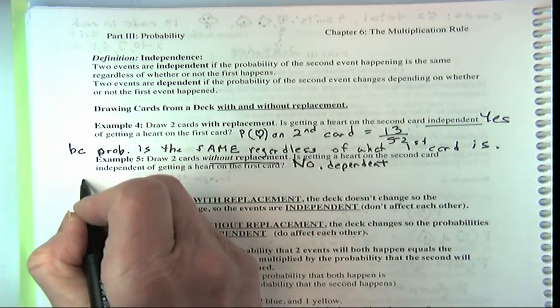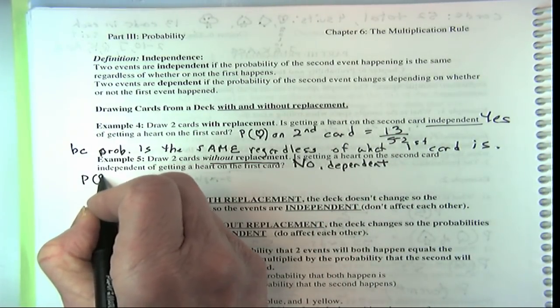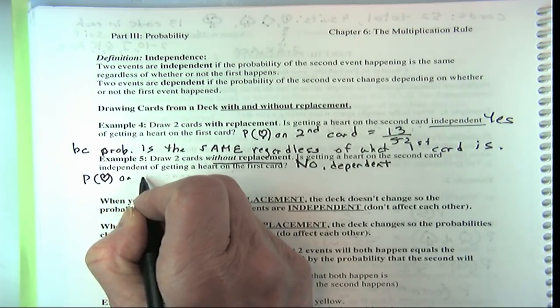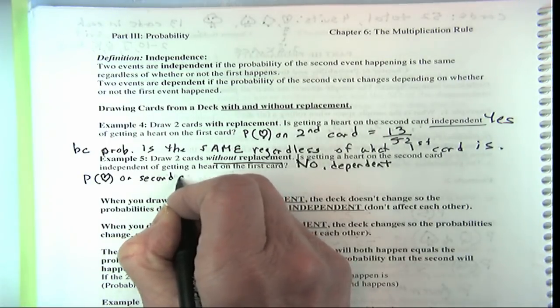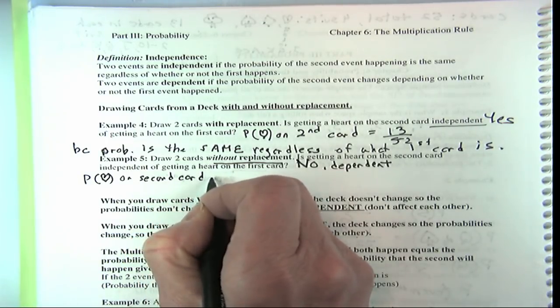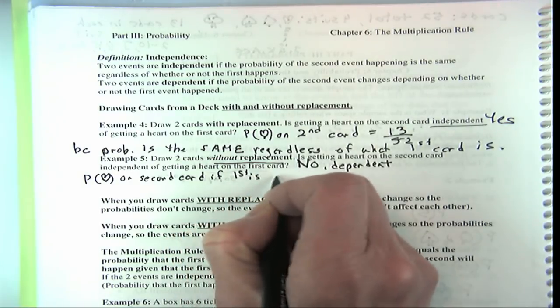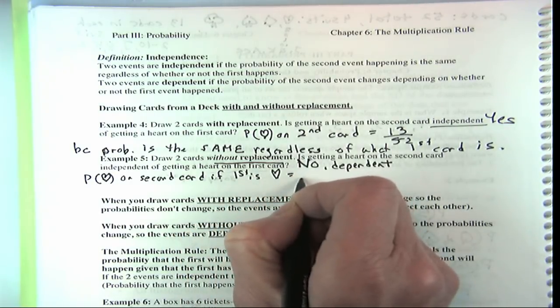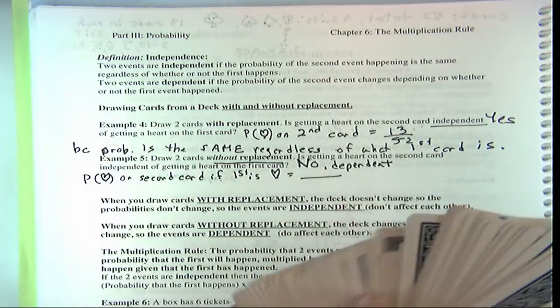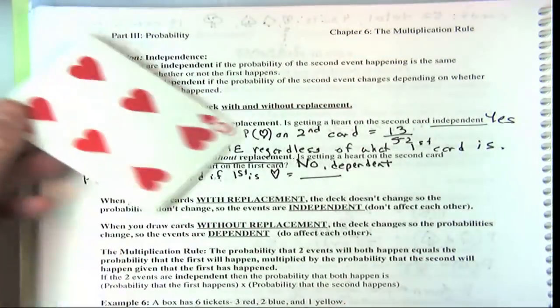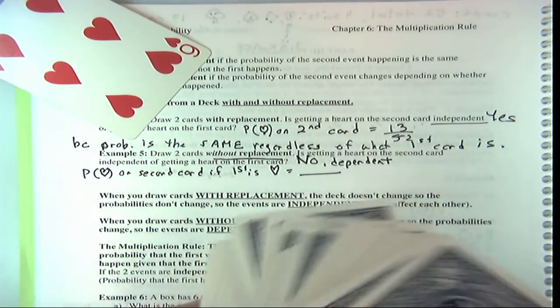Because the chances change. The probability of a heart on second card if first is a heart is what? Okay, so if the first was a heart, let's pull out a heart. Let's say we got a heart, and we don't put it back in the deck, right?